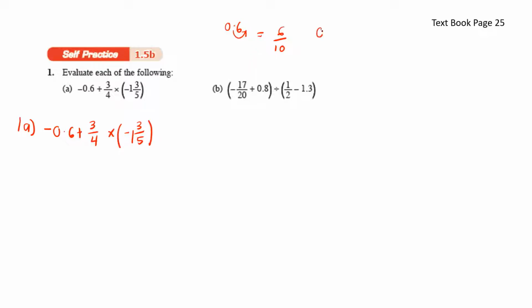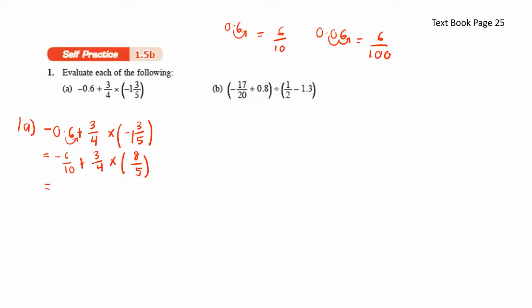For example, if we move 2 decimal places, it will give us 6 over 100. So here we have negative 0.6. If we move 1 decimal place, it will give us negative 6 over 10 plus 3 over 4. And changing this to an improper fraction gives us 8 over 5.